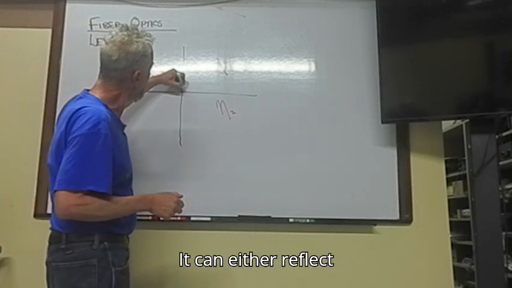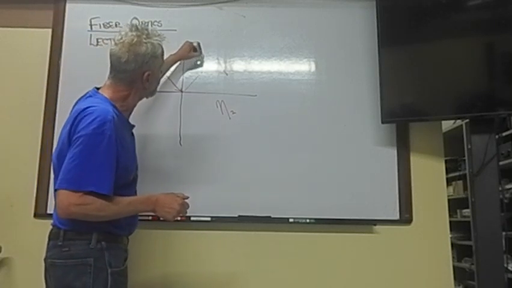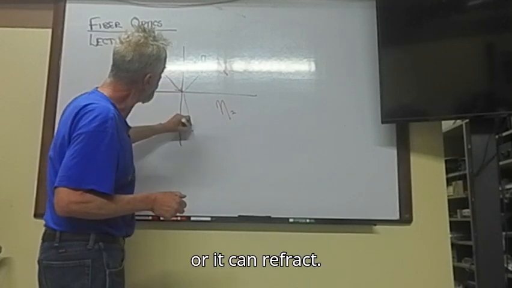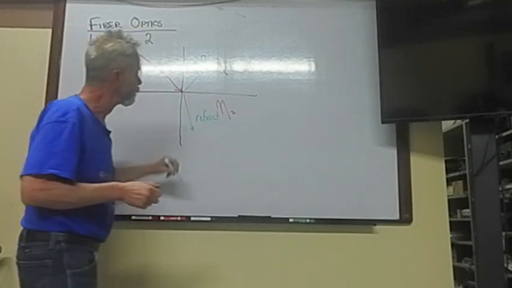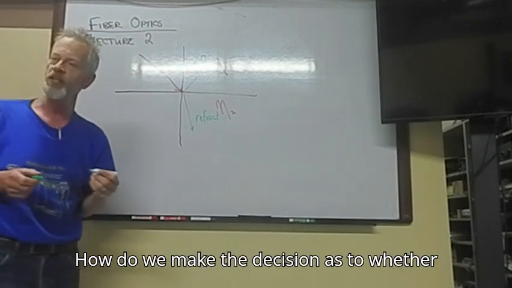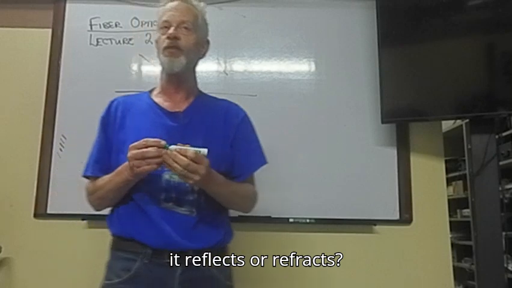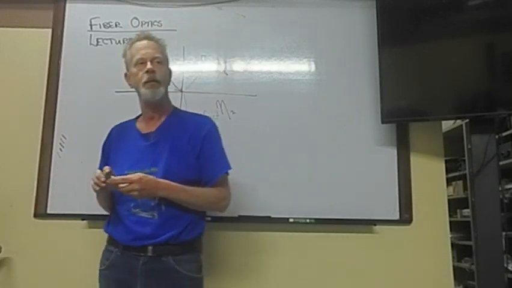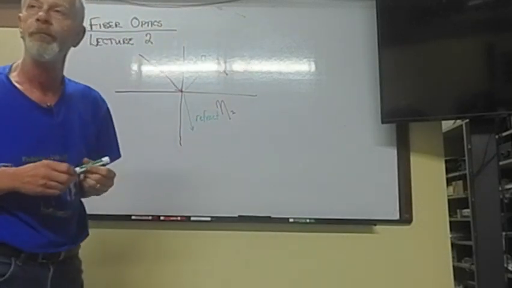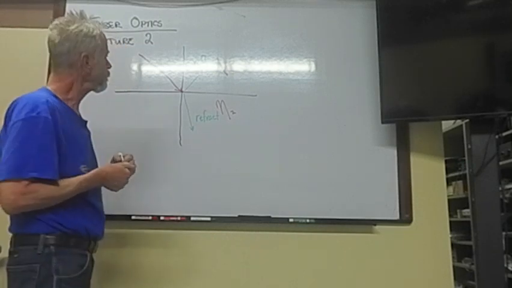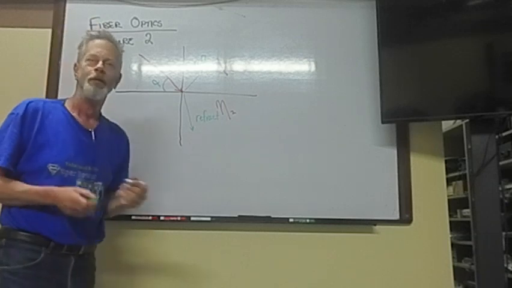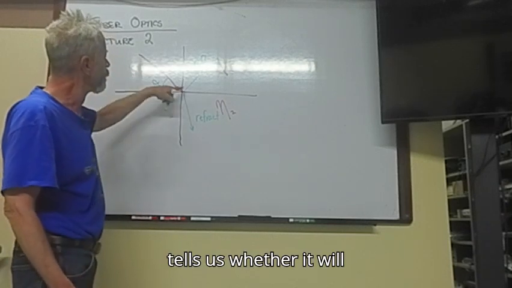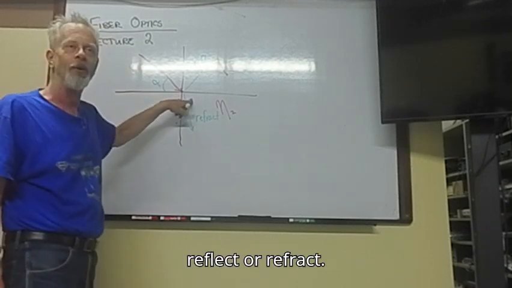It can either reflect or it can refract. How do we make the decision as to whether it reflects or refracts? The angle of approach tells us whether it will reflect or refract.